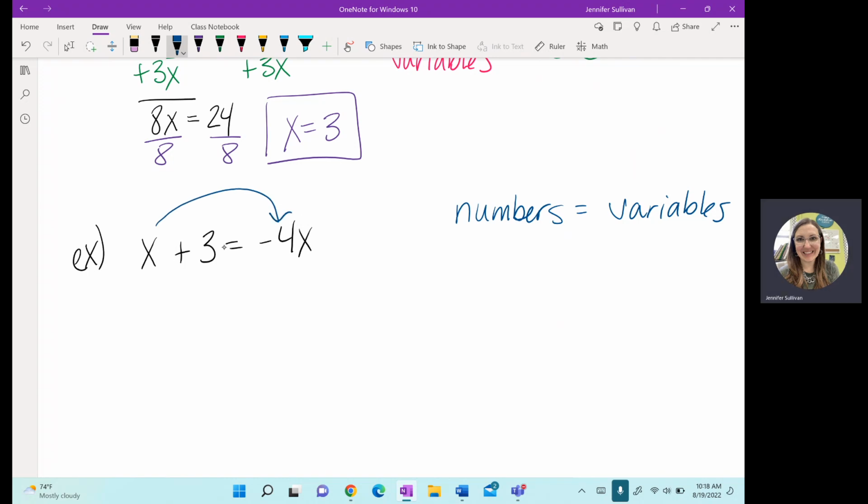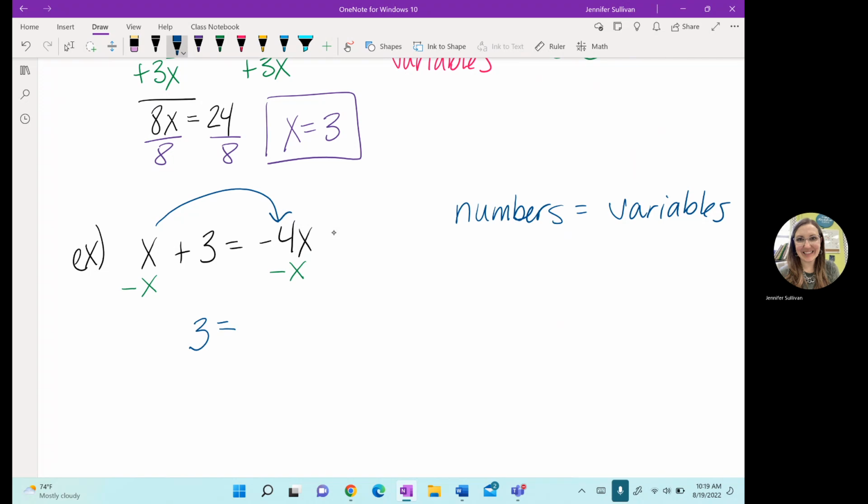And because I'm moving it to the other side of the equal sign, this is a positive x because it doesn't have a number in front of it. And so I move it by subtracting it to the other side. Then I get left with just my 3 equals negative 4x minus x.